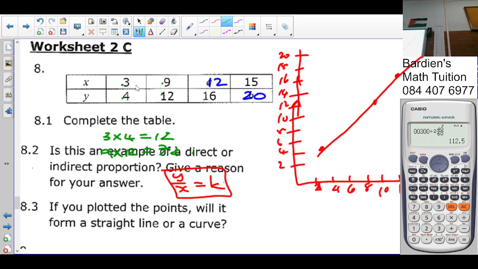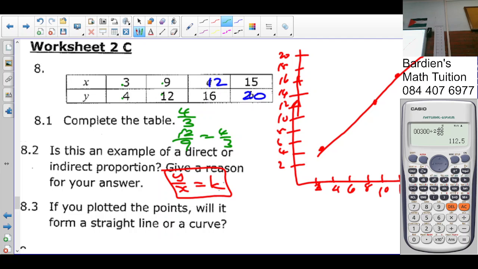No. If it was the same value, then this would have been an example of inverse proportion. So since that was not the same value, I say, okay, what is 4 over 3? What is 12 over 9? 12 divided by 9? 4 over 3. So that means this is an example of direct proportion. Can you see the same value there?